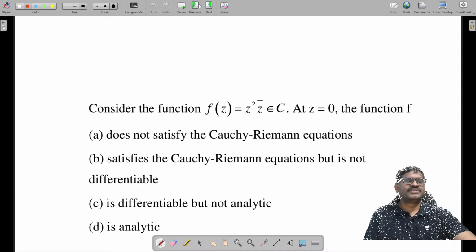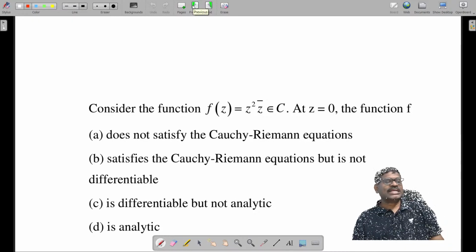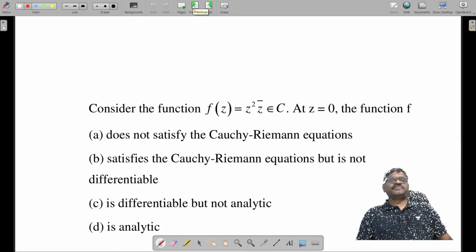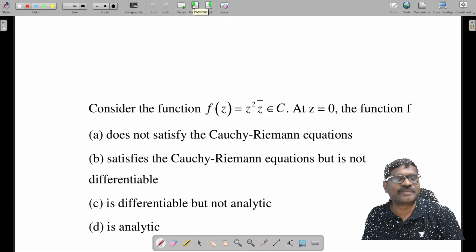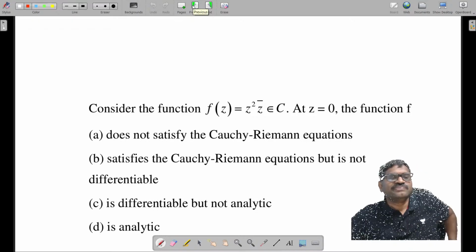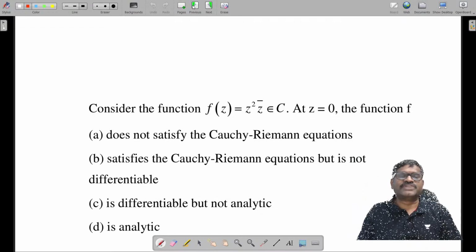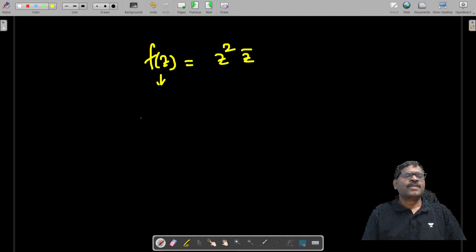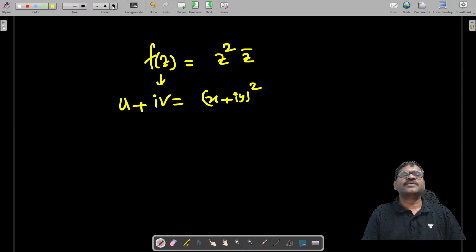Next one. F of Z is Z square into Z bar. Do one thing.